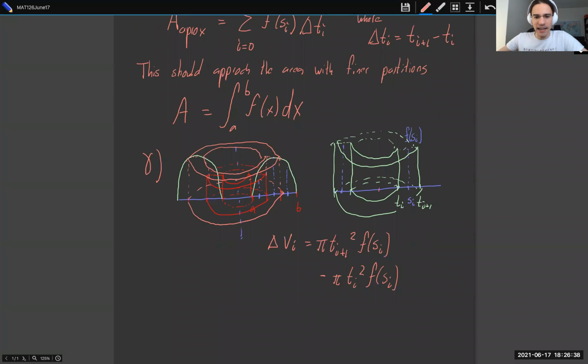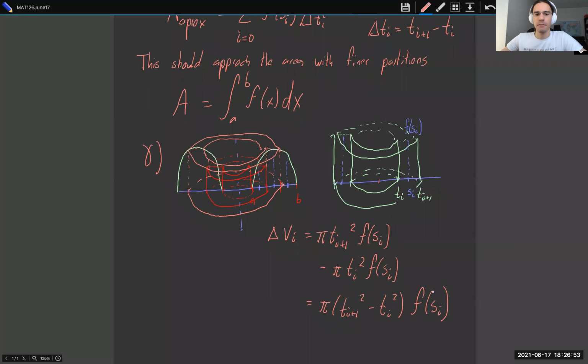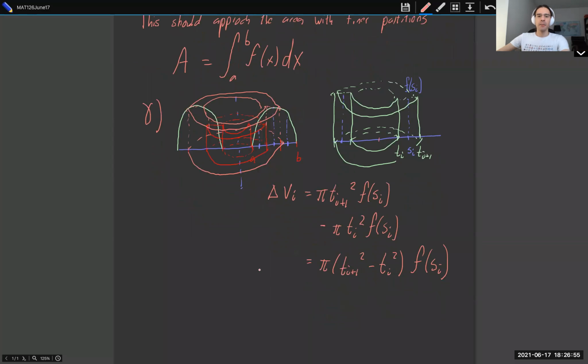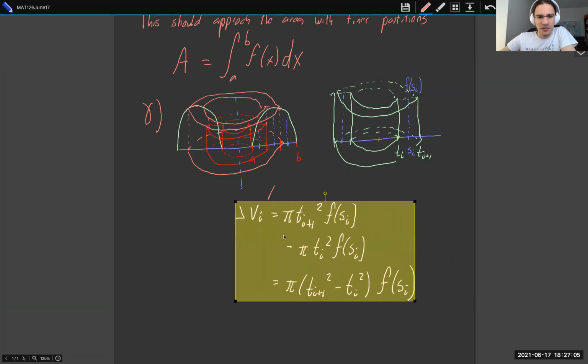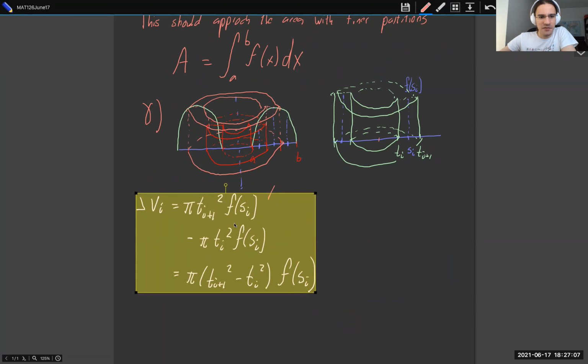And so I can write that as pi times t sub i plus 1 squared minus t sub i squared, times f of s sub i. But the thing is that I'm not happy with this expression, and I'm also not happy with the way that I've positioned it on the page.